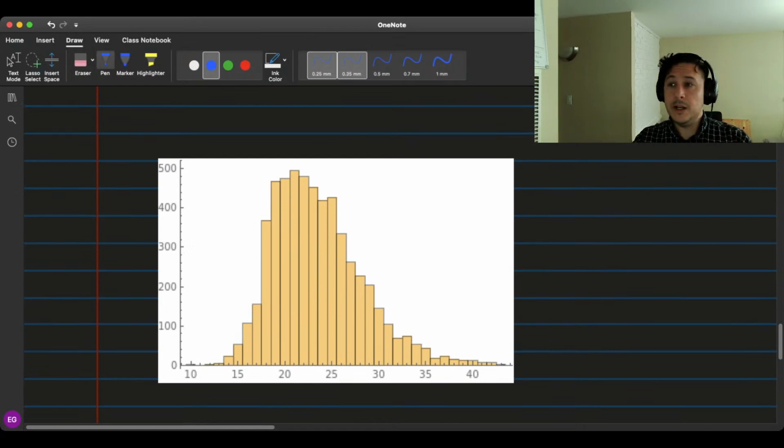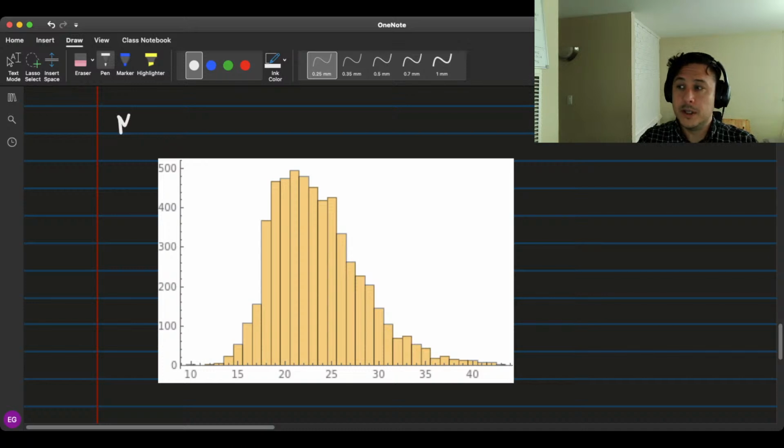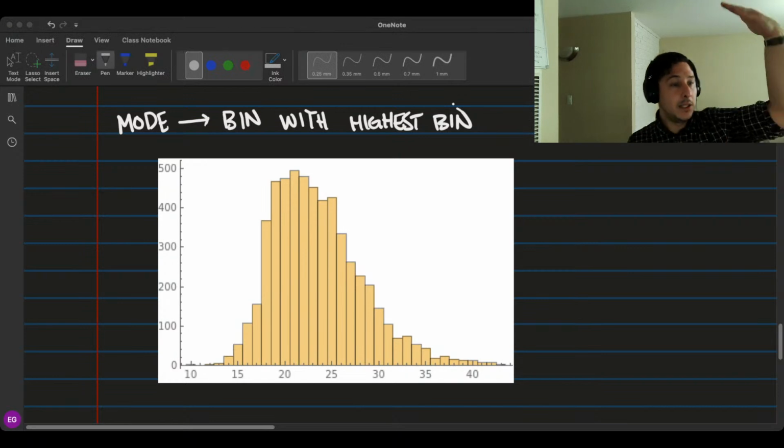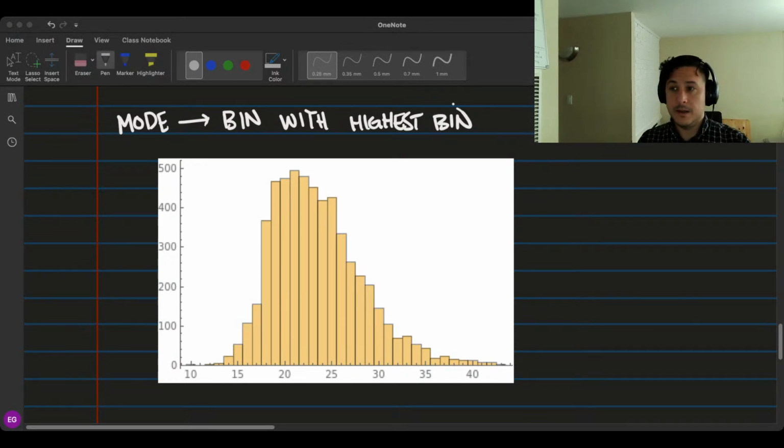When you're looking at the histogram, you need to look for what's called the mode. The mode is the bin with the highest count, in other words, the tallest bin. The more subjects that are in a bin, the taller that bin gets.